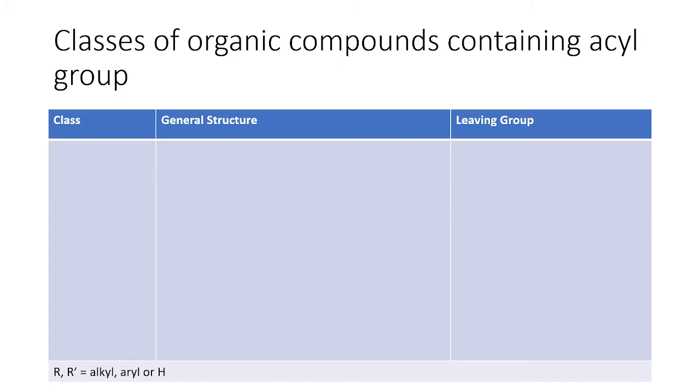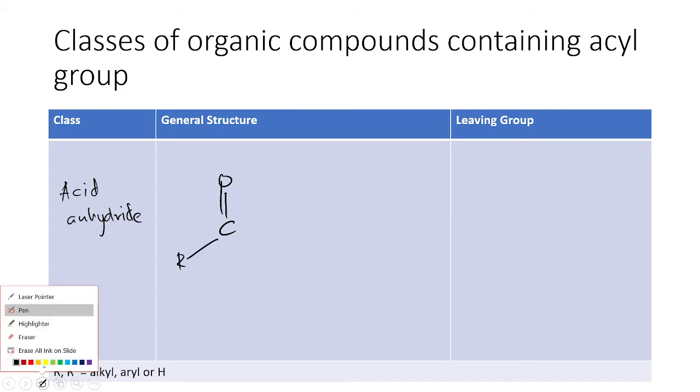So by acid anhydride, ang structure niya ay ganito. So for our acid anhydride, we still have our acyl group here, and we have a leaving group, which is actually this compound.